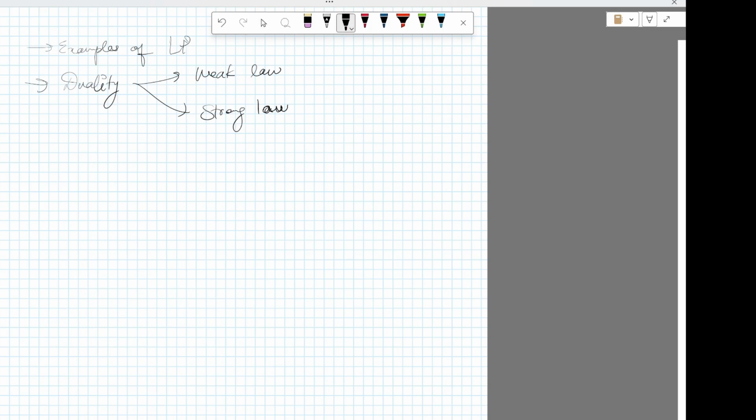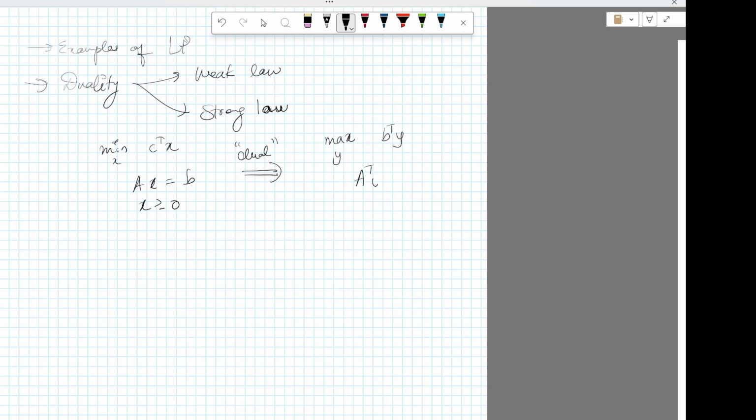Basically, there is some linear program of this form: minimize C transpose x, subject to Ax equal to b, x greater than or equal to 0, and we say there is a dual of what is there on the left side, and its dual is of this form: max b transpose y, subject to A transpose y less than or equal to C. So this is the dual of this.